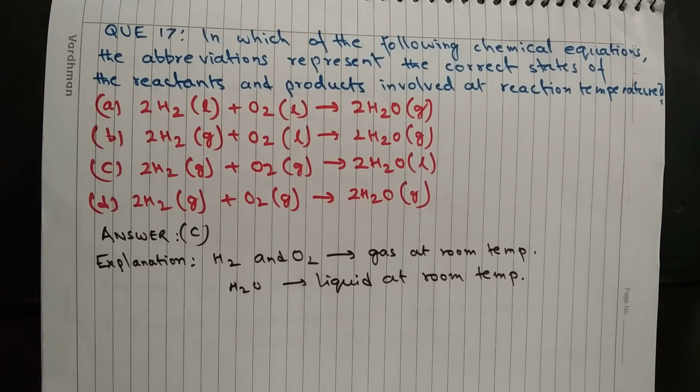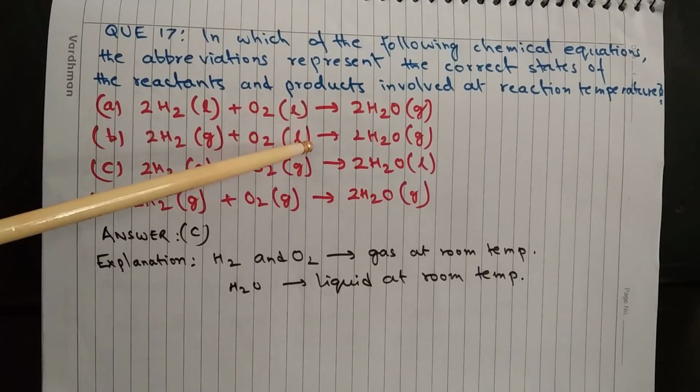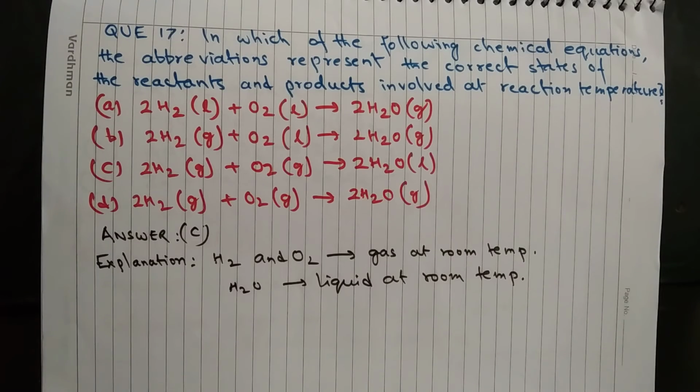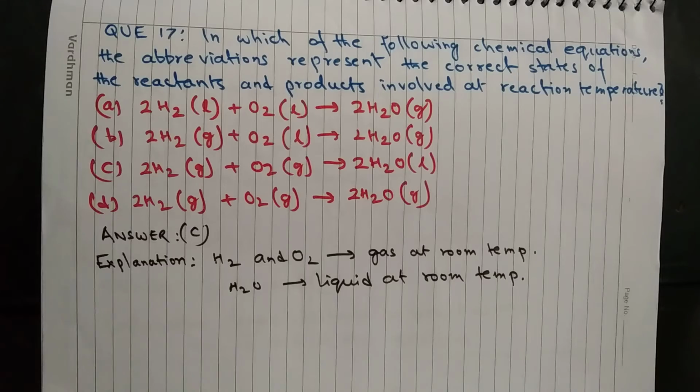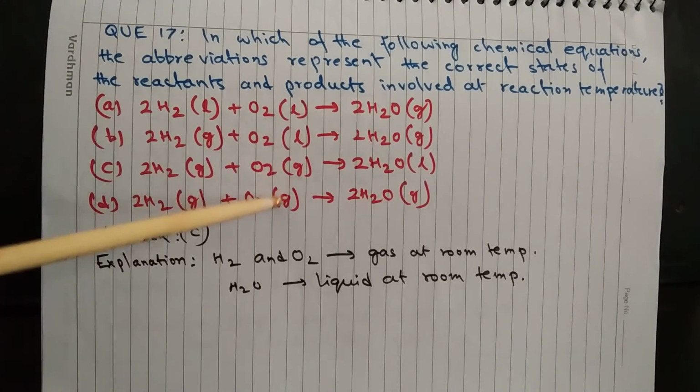In option A, hydrogen and oxygen are shown as liquids and water is shown as gas. In option B, hydrogen is shown as gas, oxygen is liquid, and water is gas. In option C, hydrogen and oxygen are shown as gases while water is shown as liquid. And in option D, all three are shown as gases. Answer is C, in which hydrogen and oxygen are gases and water is liquid.